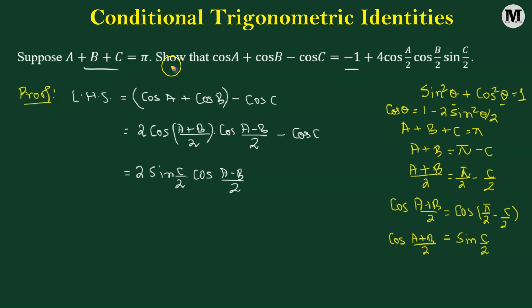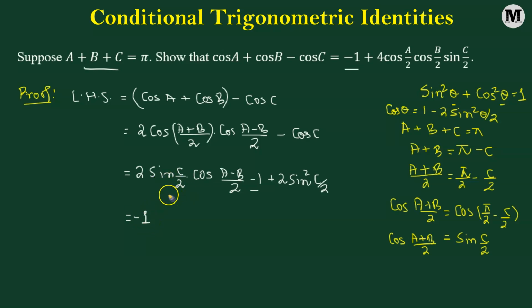In our case, theta is represented by the angle C. So if we replace cosine C with the half angle formula, we have negative multiplied by 1 minus 2 sine squared C over 2. So we have -1 added to 2 times sine squared C over 2. We can observe that we have obtained this -1, which we need on the right hand side. So we'll keep it as it is and make it the first term, -1.